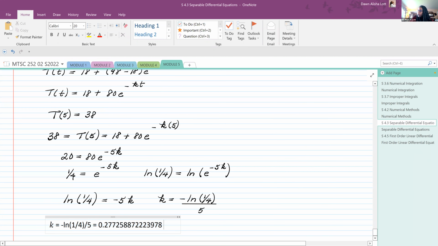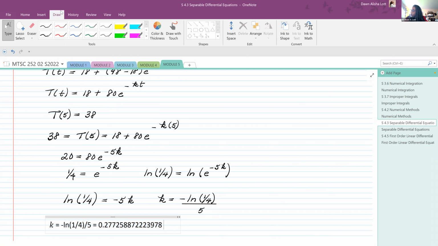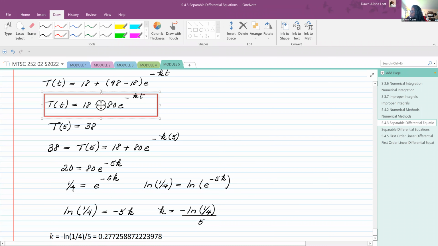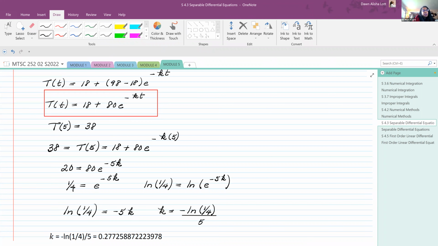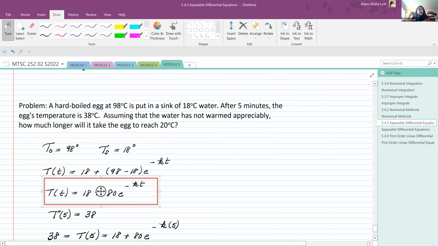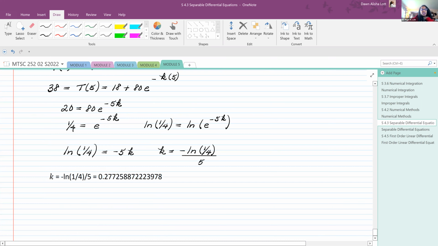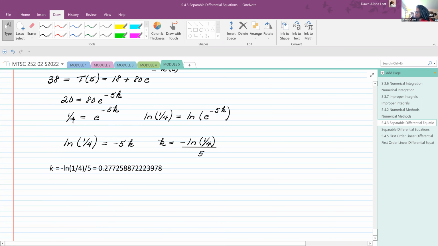Back where my formula was, I now know what k is, so I can put k in for any time. Okay, so the question is, how much longer will it take the egg to reach 20 degrees Celsius? Let's find out how long it takes for the egg to reach 20 degrees Celsius.